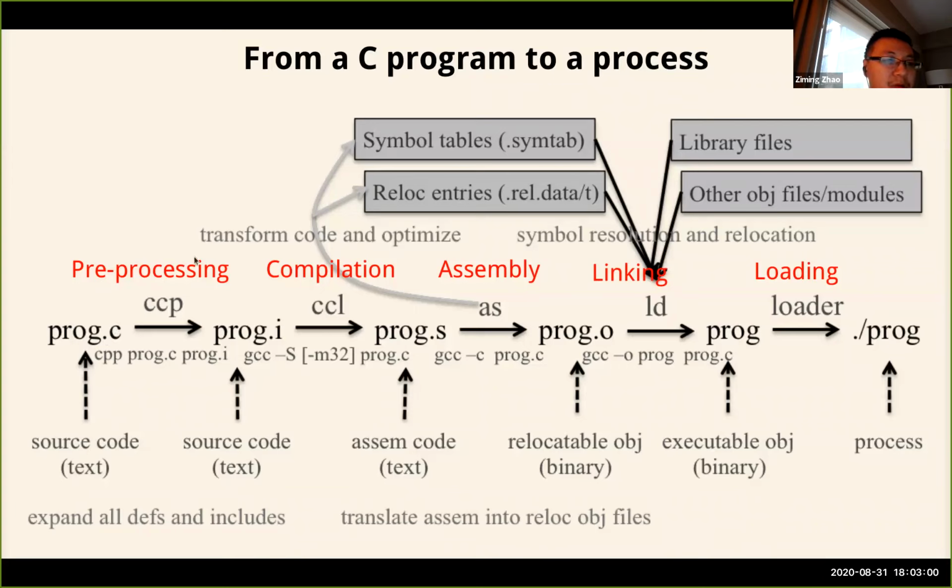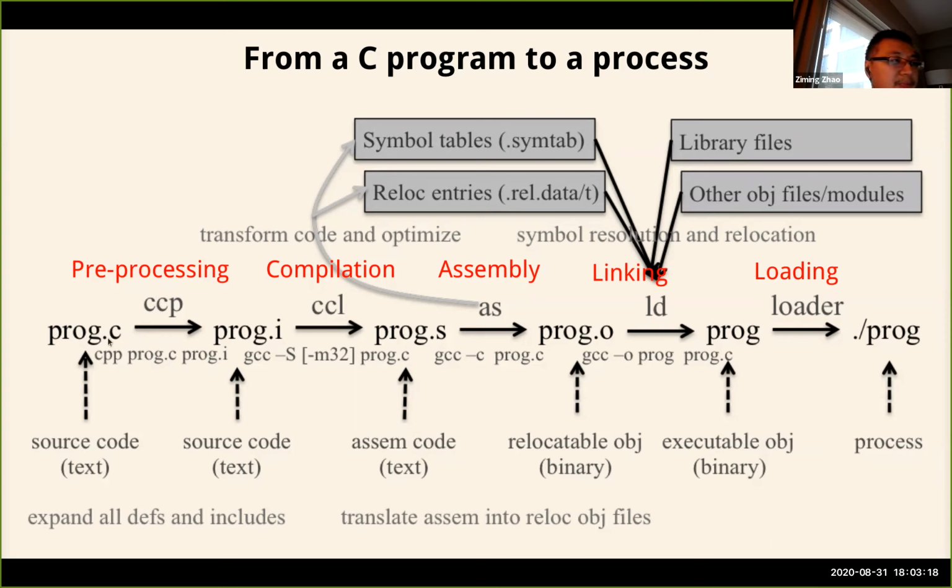And also macros will be expanded. Included files are also inserted into the C file. So in the C file, you may include some .h file. And at this stage, they will be inserted into that C file.